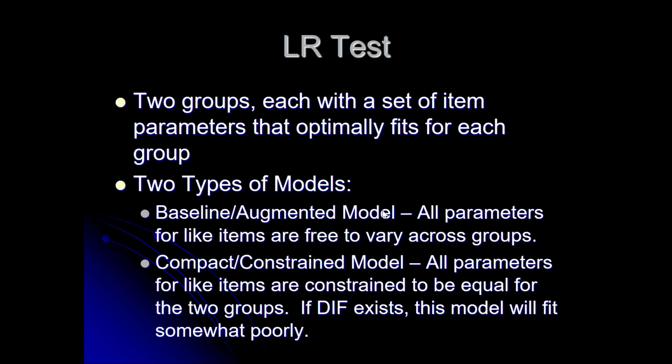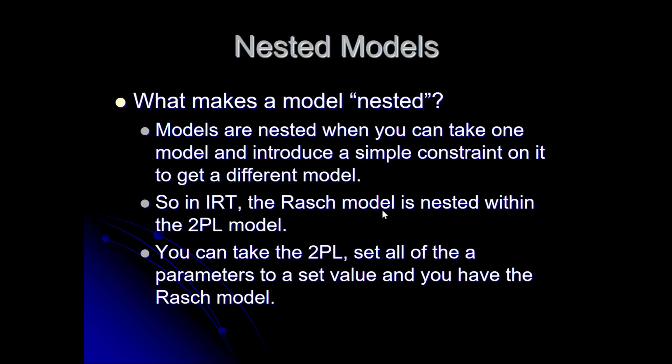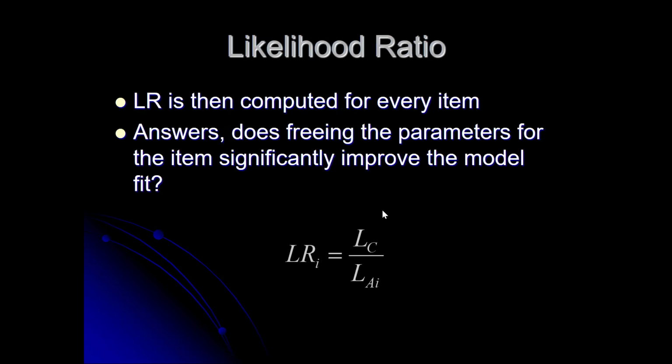And the question I'm going to answer is: is the misfit that we see when we introduce these constraints bad enough to be statistically significant? In other words, does that misfit actually meet some kind of statistical significance criteria to say, yes, this is significant? The statistic that you get from comparing these two models is called the likelihood ratio statistic.